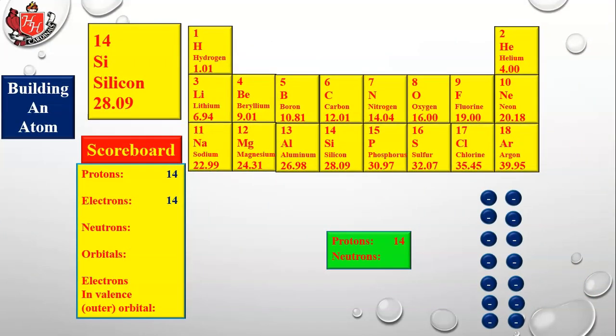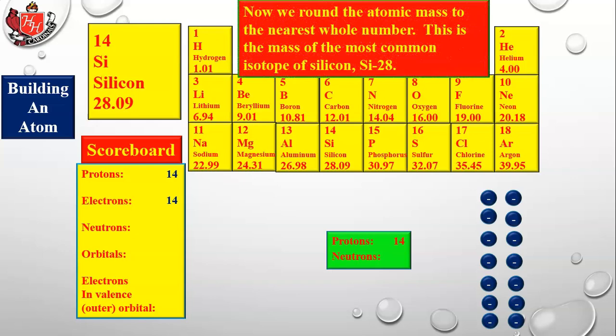So next we want to know the number of neutrons. Now we round the atomic mass to the nearest whole number. This is the mass of the most common isotope of silicon, which would be Si-28. If you have an atomic mass, whatever the closest whole number is, in this case 28, that's going to be the mass of the most common isotope.